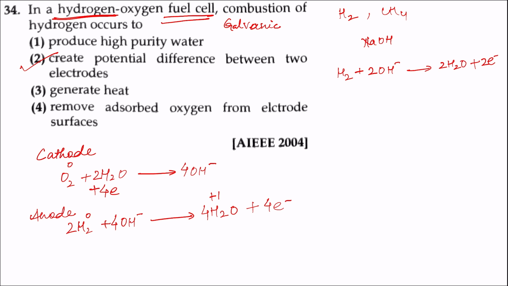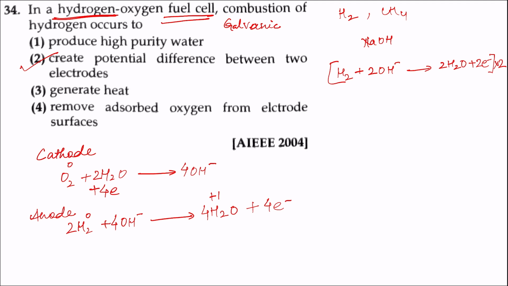But in the reaction at the cathode, the number of electrons on the reactant side is 4. So in order to add these reduction and oxidation reactions, the number of electrons has to be the same. So multiplying this whole equation by 2, the final equation is 2H2 plus 4OH minus forming 4H2O plus 4 electrons.